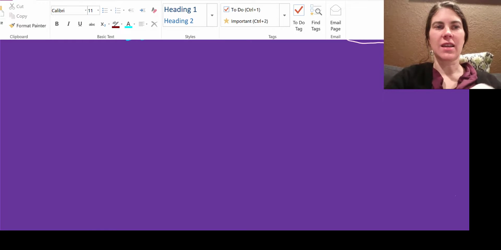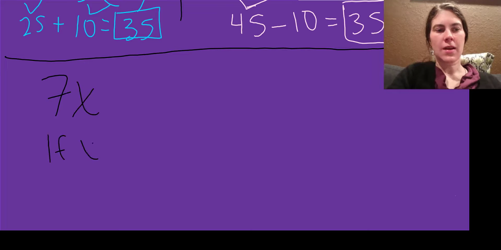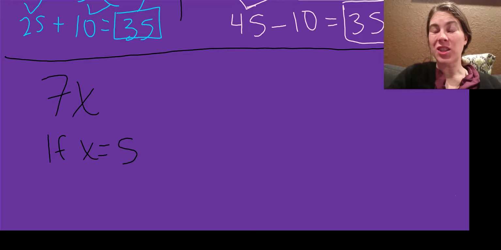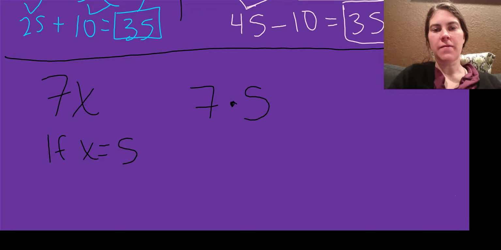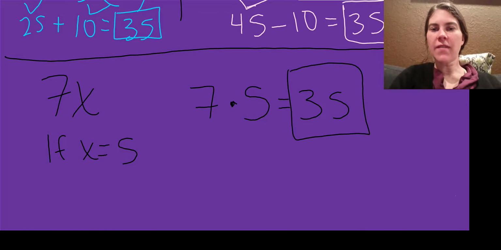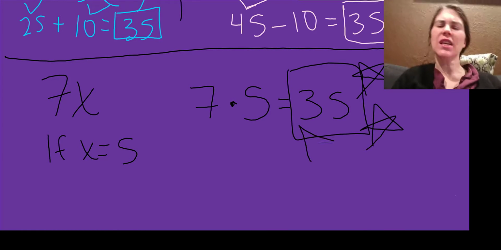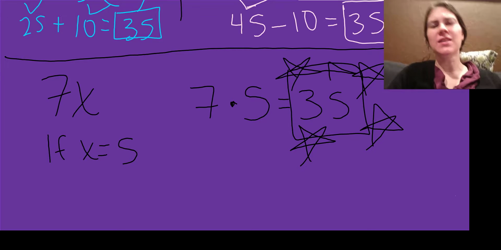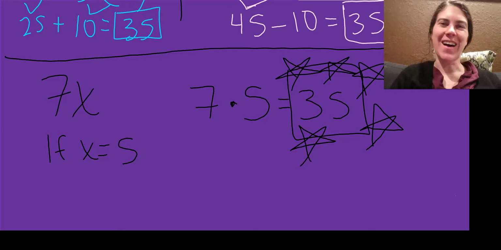I want to go back to that 7x. If x is 5, that's what we've been saying. We just made it up. We actually rolled the dice. So instead of writing x, I'm going to write 5. So 7 times 5 equals 35. Oh yeah, we did it. 7x is the same thing. It's 35.